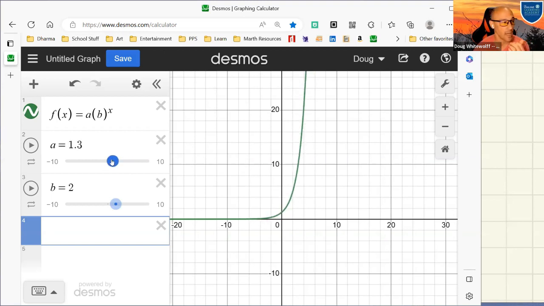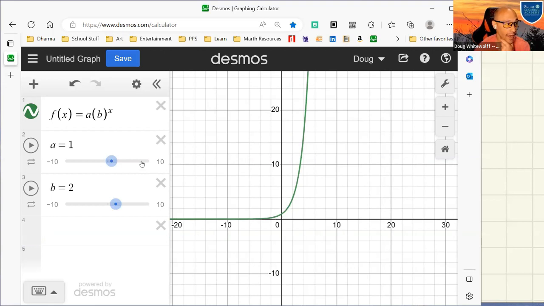The y-intercept. So a is actually a y-intercept of 1, because this goes by 2's. The y-intercept is 1. So as long as we have a function like this, a times b to the x, the a value tells us the y-intercept.